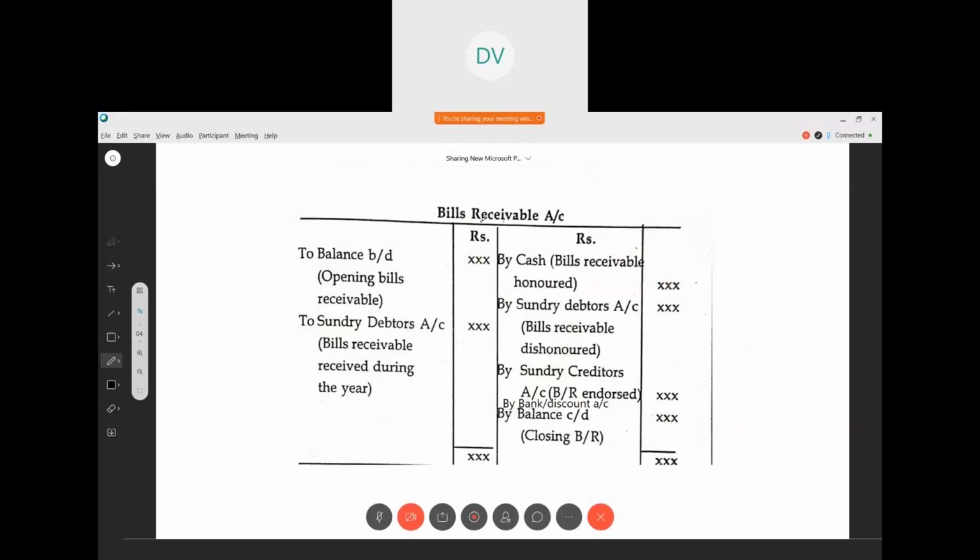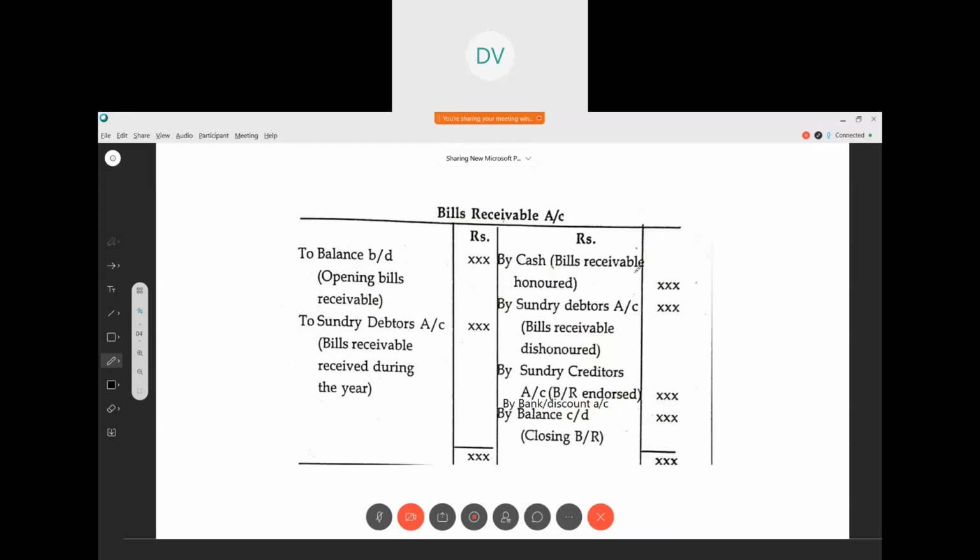So bills receivable account, as you know the format. Opening balance will be on the debit side, and the debit side will increase the value of bills receivable. Opening bills receivable, sundry debtors, that is other bills received during the year. So this is the total bill received during the year. Here, how does the bill get reduced?